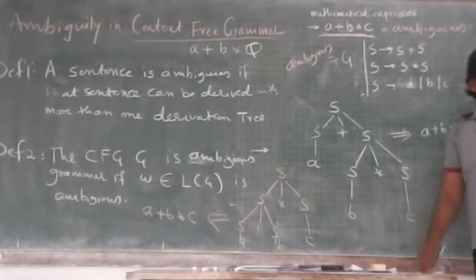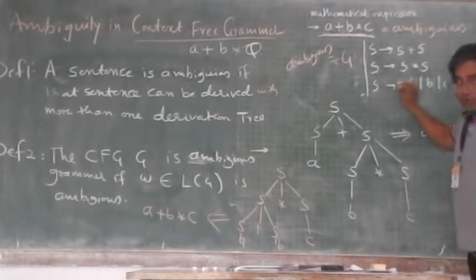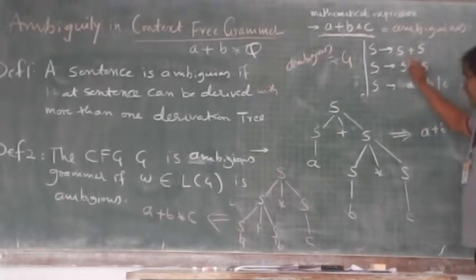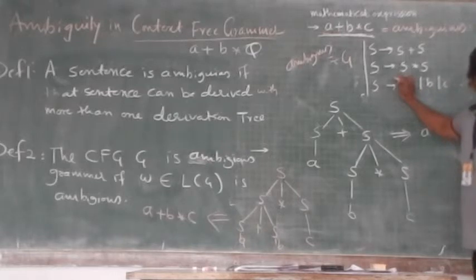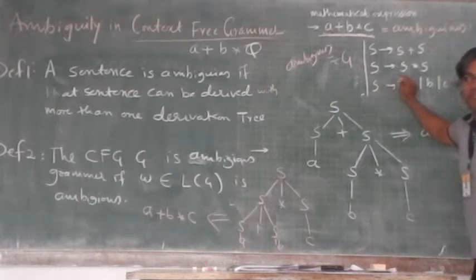Means every sentence from a particular grammar should be unambiguous. If every string from a particular language is unambiguous, in that case the grammar is unambiguous.